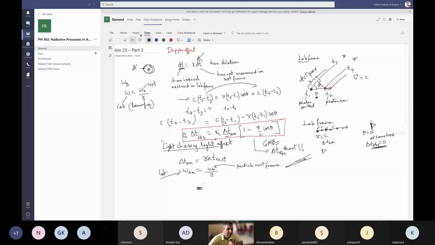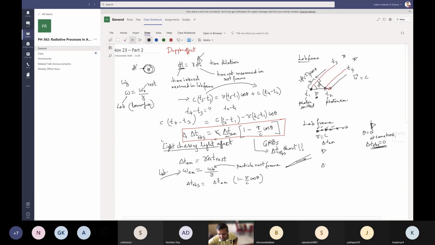Okay, let me actually clarify this a little bit. So what is delta t observed? Delta t observed is equal to delta t emitted times 1 minus v by c cos theta. Okay, and what is delta t emitted? Say you have some gyro motion, some periodic motion.